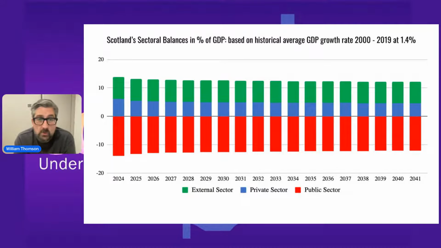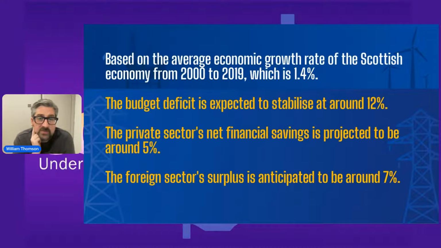And what we found was roughly a 12% government deficit, private sector net financial savings around 5%, and a foreign sector surplus at around 7%. That's what we found when we used that growth rate, and we just pushed everything forward. It's a fairly simple macroeconomic model, but this is what we used, and we found that this is likely what would happen.